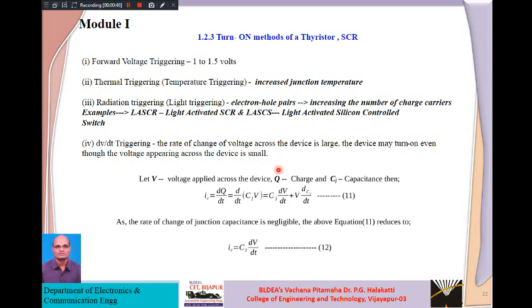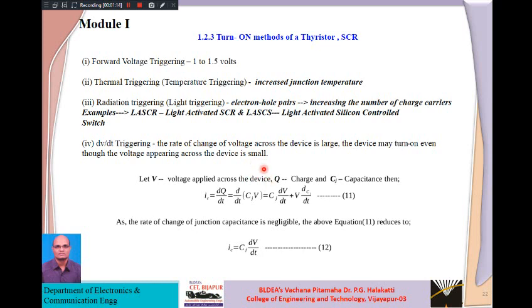To latch means, if the anode current or forward current exceeds beyond this latching current, which is a minimum current, then we can tell that this is the point at which your SCR is switched from forward blocking to forward conduction mode. Similarly, the same applies to the holding current.